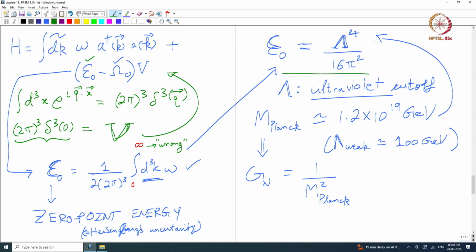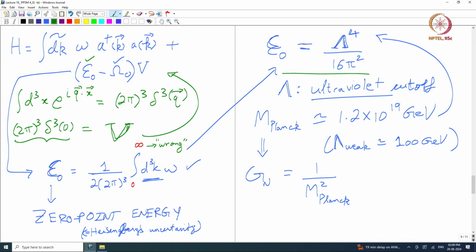And then we took this cutoff to be the Planck mass. Why? Because beyond the Planck mass we really do not know whether quantum field theory will work or not. That is when you will have to start describing gravity using quantum mechanics, and we have problems doing that with quantum field theory, right. So we use that as the cutoff, and we can end up with a value for the 0 point energy, okay, good.